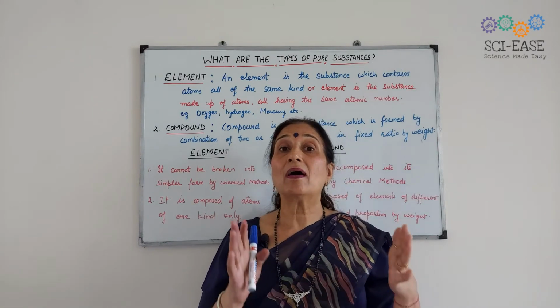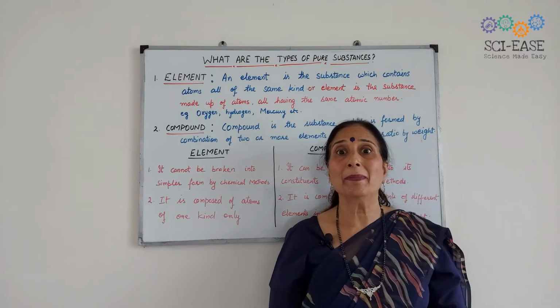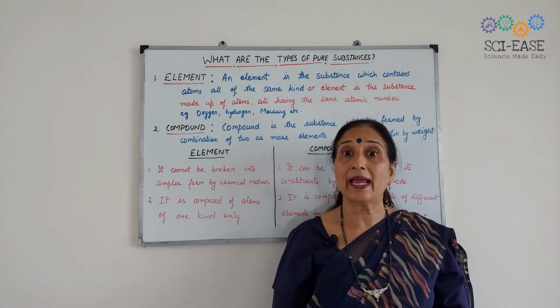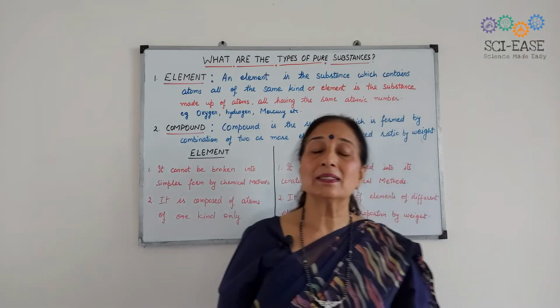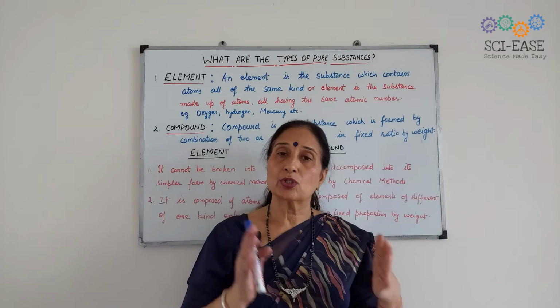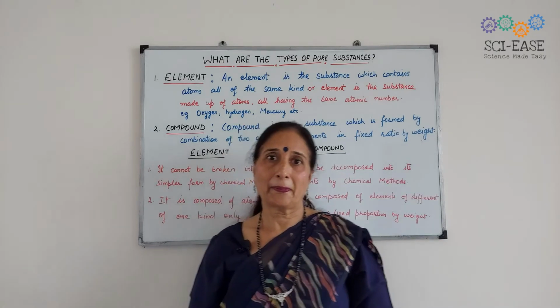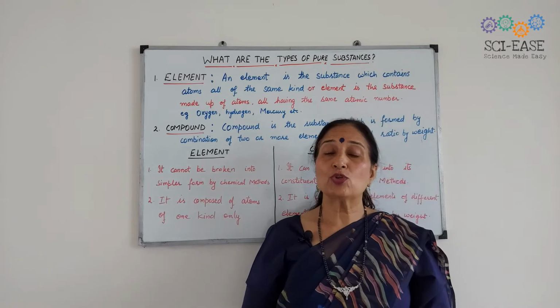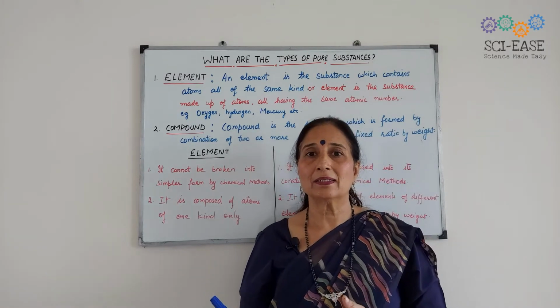Metals, they are many in number, and almost all the metals, they are solid except mercury. And non-metals, they may be solid, liquid, or gas. Other properties you have read in 8th class also about metals and non-metals.